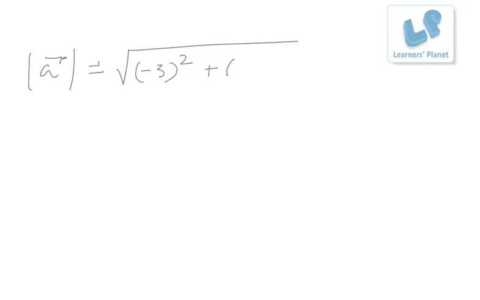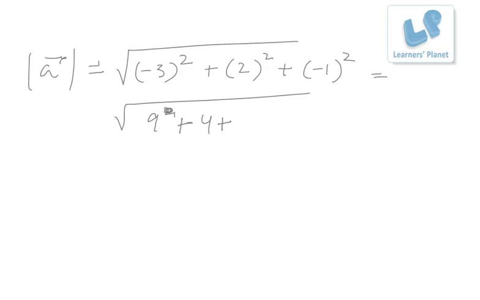So we'll find out the magnitude of A first. Magnitude of A will be given by under root of -3 squared plus 2 squared plus minus 1 squared, which is equal to, now what is this value? 9 plus 4 plus 1, which is equal to under root of 14.